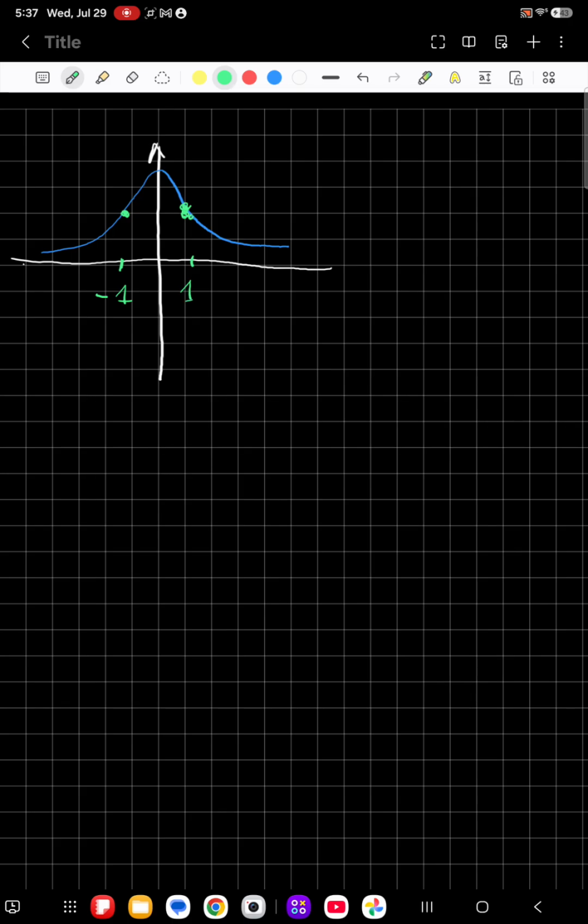Still, the picture is not very good. Anyway, it is what it is. I'm not going to redraw it the third time. I hope you understand what's happening. Concave up over there, concave down, so arrows are pointing down.